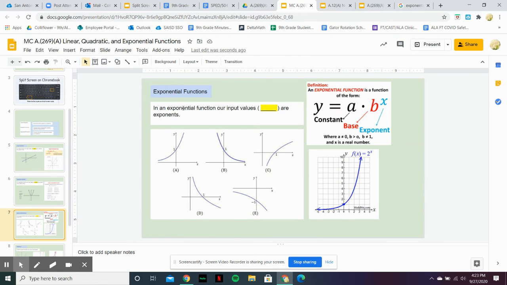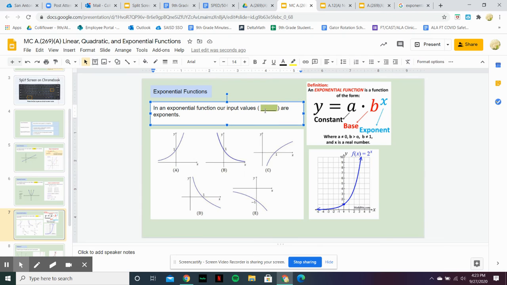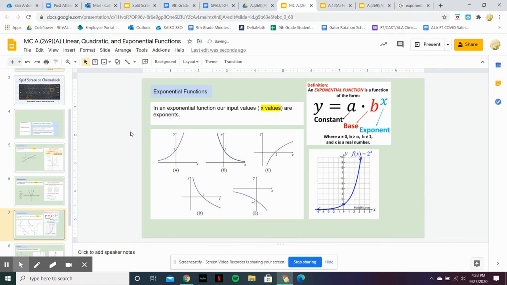And finally, we have the exponential function. In an exponential function, our input values, which again are the x values, are the exponents. So if you look here first, we have our function y is equal to a times b to the x. A is a constant and b is what's called a base, but we're going to learn about that later.